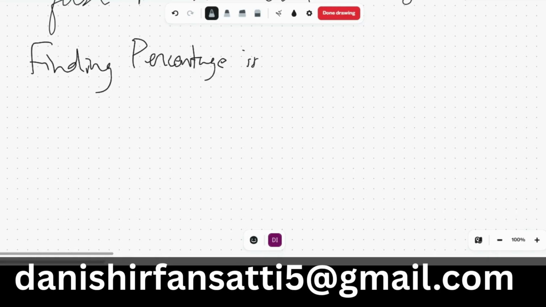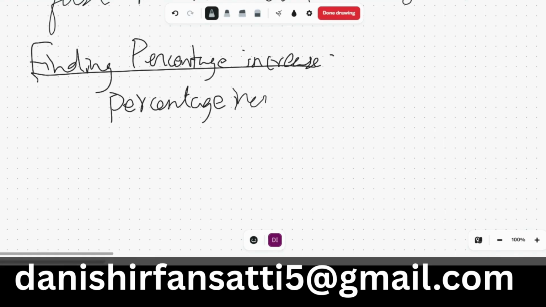Percentage increase is equal to increase divided by original value into 100.